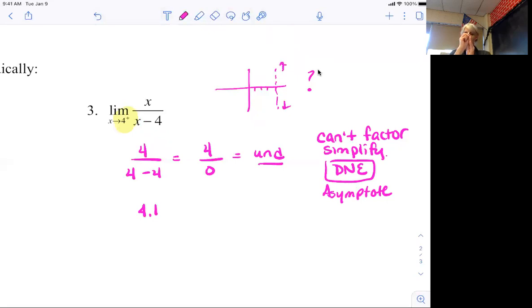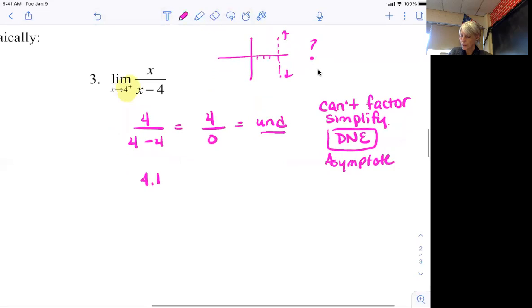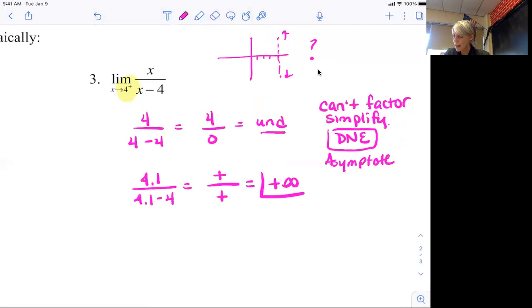So we take a number a little bit bigger than 4, and we use signs to help us. 4.1 is a positive value. 4.1 minus 4 is a positive value. So this graph is going to positive infinity. That one is the winner.